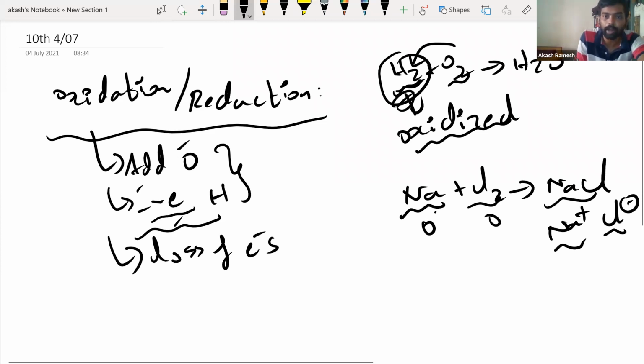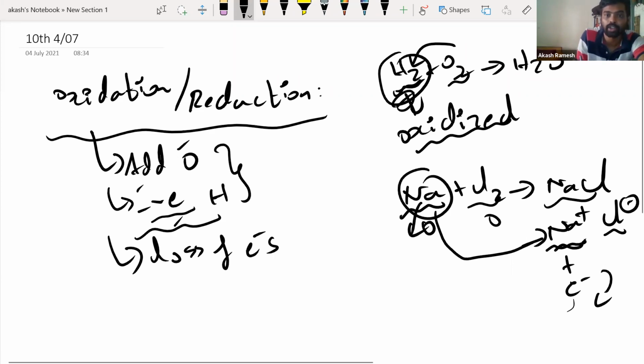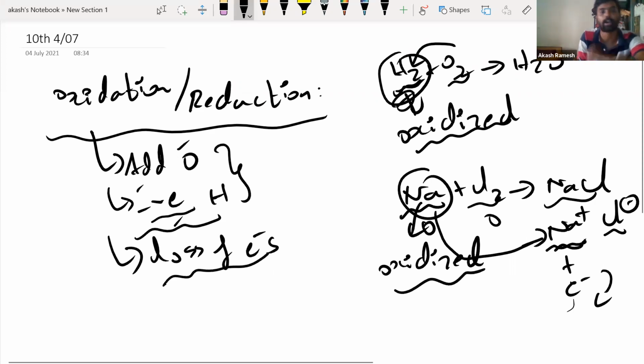Correct. So for sodium to form Na+, obviously it should have lost an electron. That sodium should have lost electrons. So I will say sodium is getting oxidized. Why? Just now I told you that oxidation can also be defined in terms of loss of electron. Whenever something loses electron, that particular thing is said to be oxidized.